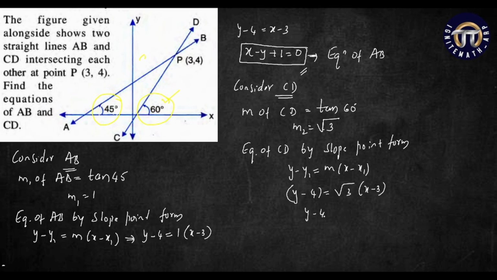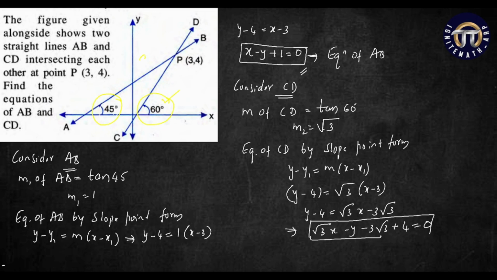So y minus 4 is equal to root 3 x minus 3 root 3. So the final equation of CD is given by root 3 x minus y minus 3 root 3 plus 4 equal to 0. So this is the equation of the required line CD.